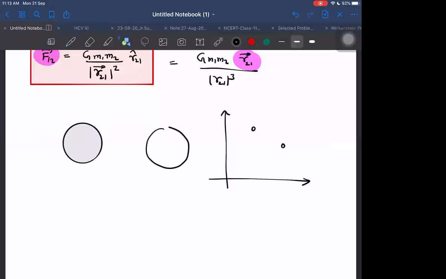Spherically symmetric means, for example, the density may be varying. I'm not saying it is uniform density, but it should be varying equally in all directions, radially. If it is varying equally in all the directions, then this formula, the formula which we have written above, will still be applicable.